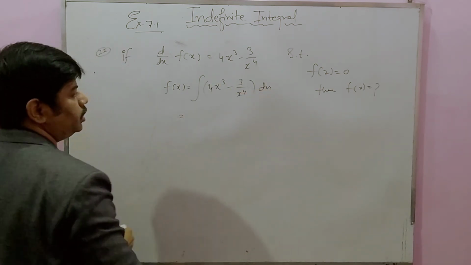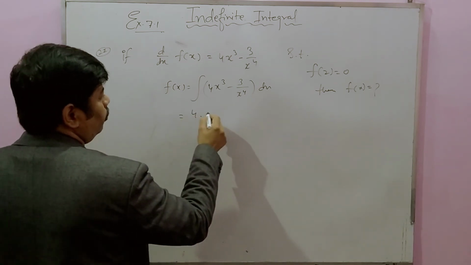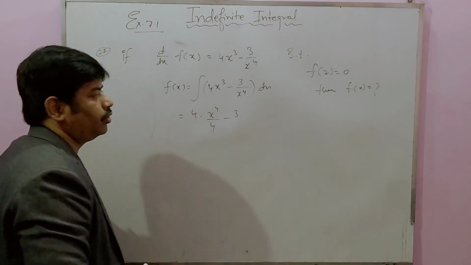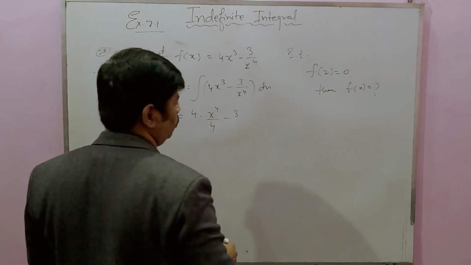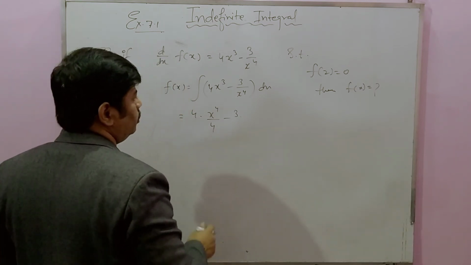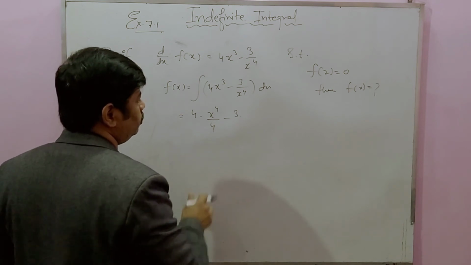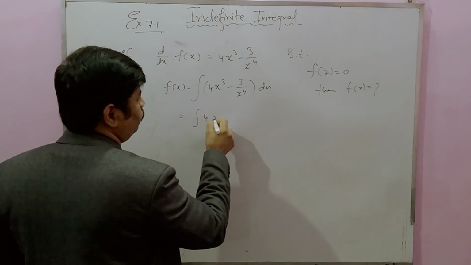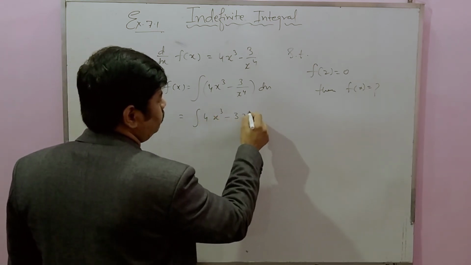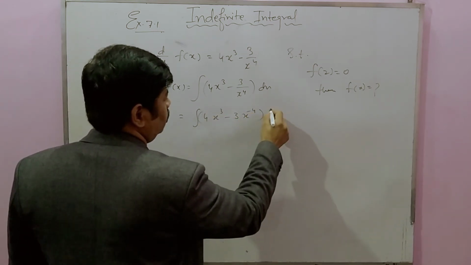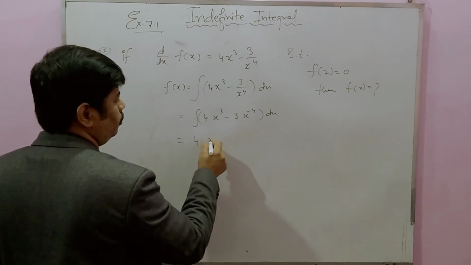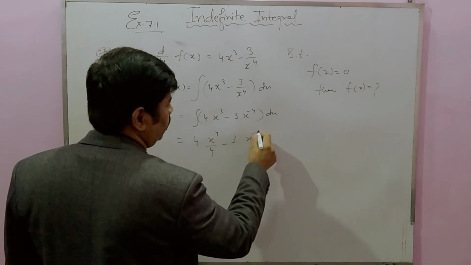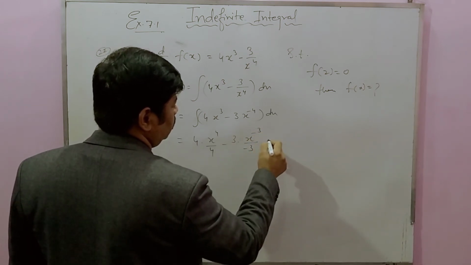Now we are going to integrate this term. Leave it here. First of all, you have to write down 4x cube minus 3x to the power minus 4 dx. Now it should be 4x to the power 4 upon 4 minus 3x to the power minus 3 upon minus 3.